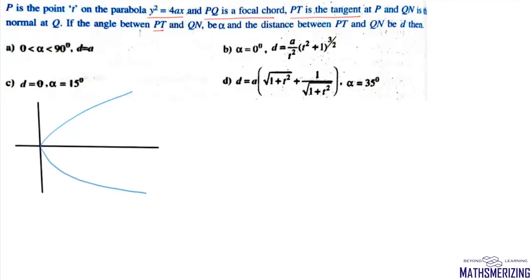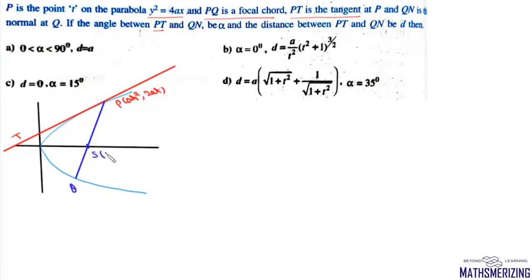Now P is any point on this parabola, which is (at1 squared, 2at1), and then we'll draw a tangent to this parabola. So PT is the tangent at P. Now it also says this PQ is a focal chord.